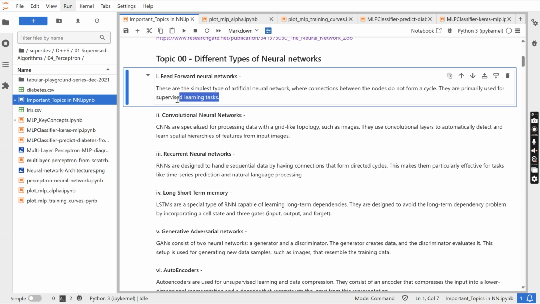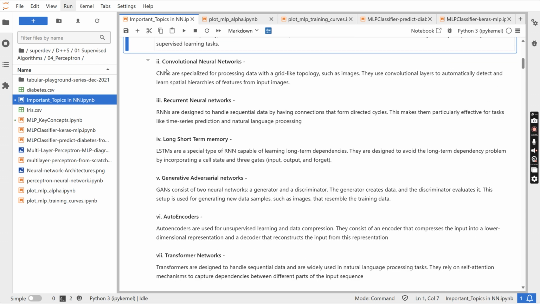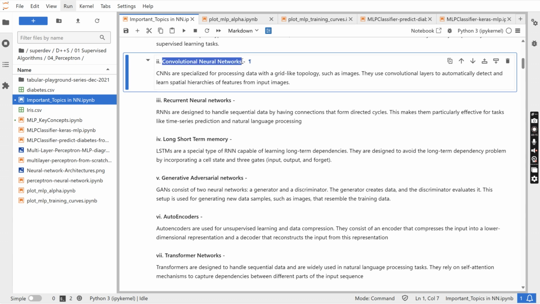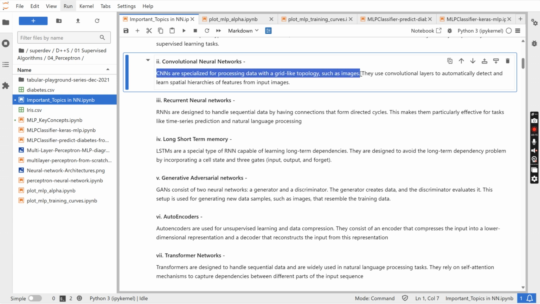So this is one type of network. Primarily it's used for supervised learning, meaning you should have y values already so that the model can learn from them. The next type of network is the convolutional neural network. Convolutional neural networks mainly process images. They need grid-like topology and they need images, so they are used on images.